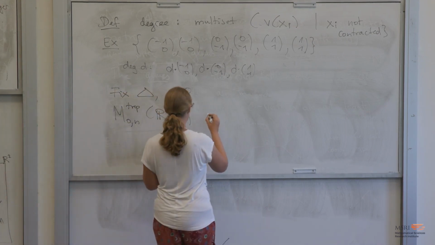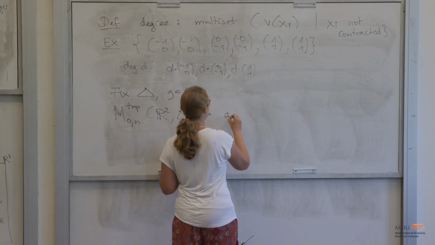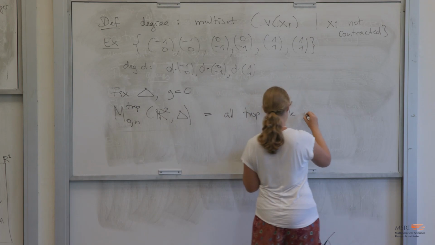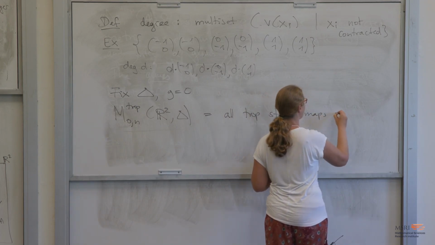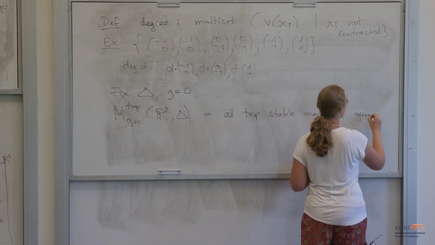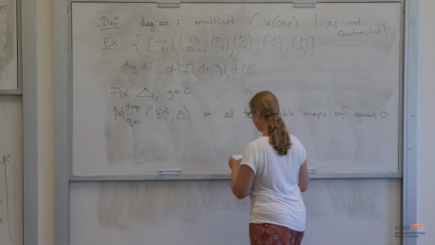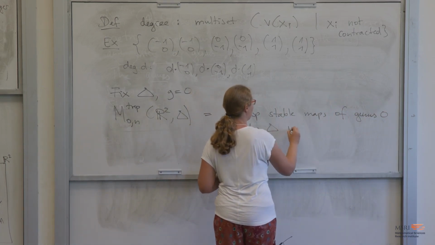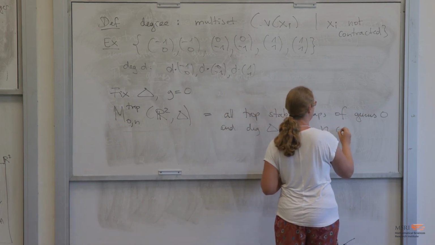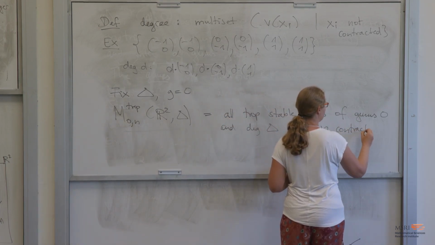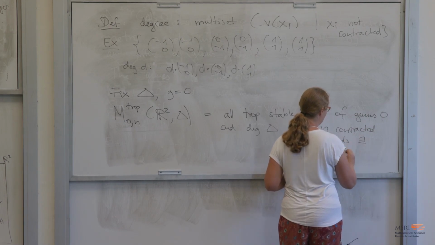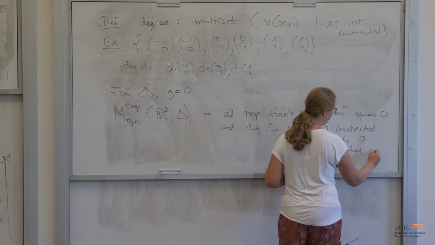And as I said, this is just all tropical stable maps of genus 0 and degree delta with n contracted ends. So the contracted ends are our marked points, these are the ones where we want to evaluate.